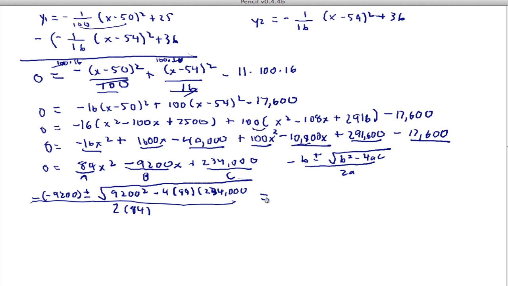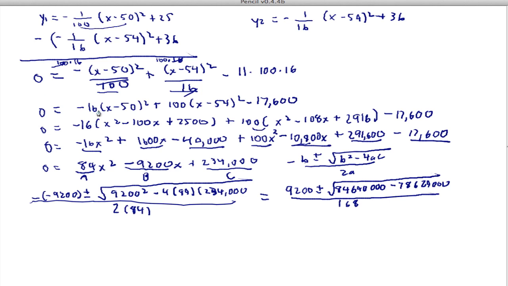Which gives us, keep going, 9,200 plus or minus, it's a big number, so don't worry about the big numbers, it's the final answer that really matters. It's like 84,640,000 minus 78,624,000, divided by 168.